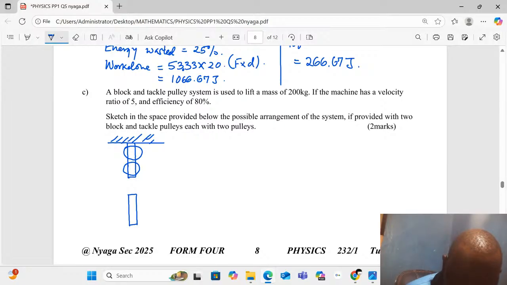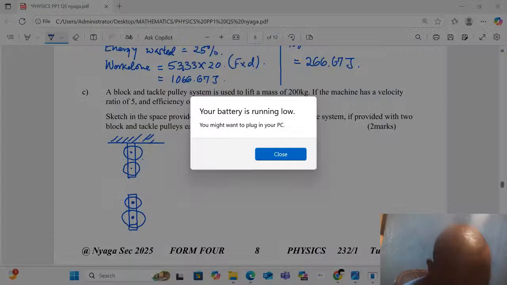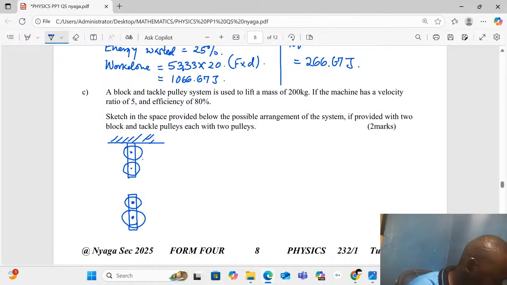It may not be that accurate, but worry not. This is just a demonstration. So it is like this. First block, second block, each with two pulleys.